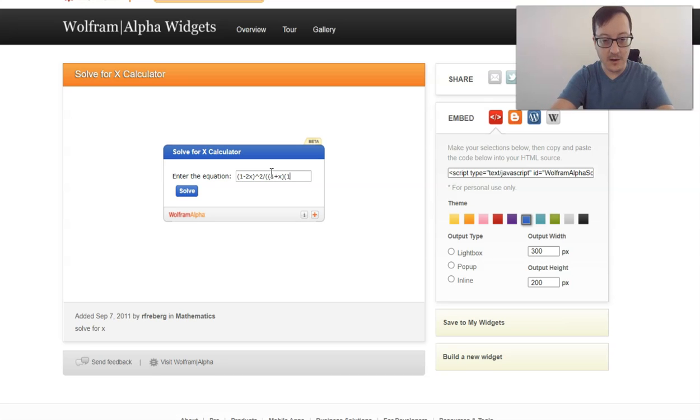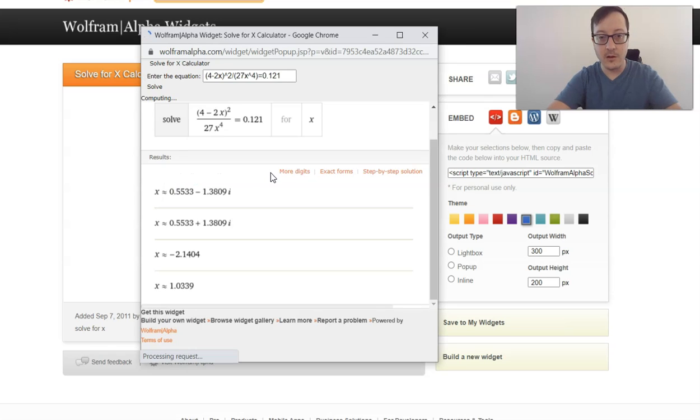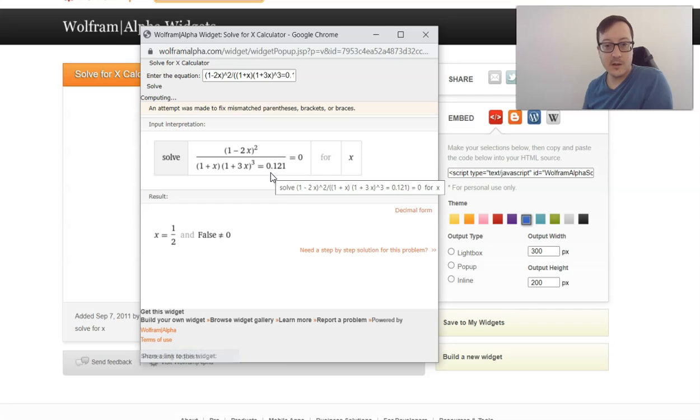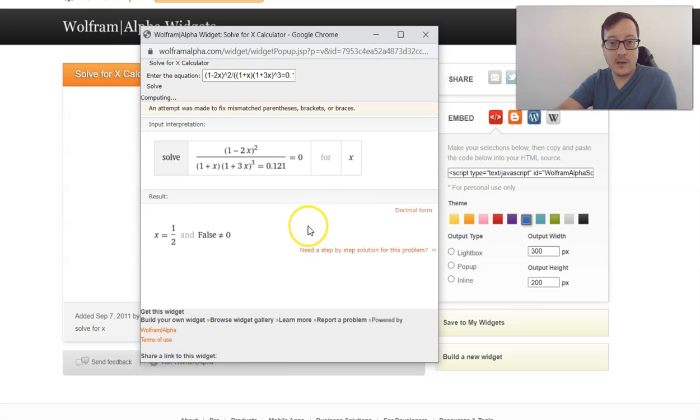That value times (1 plus 3x), all of that cubed. All right, and all of that equals 0.121. We're going to get out our numbers. So we get, apparently, x equals half.